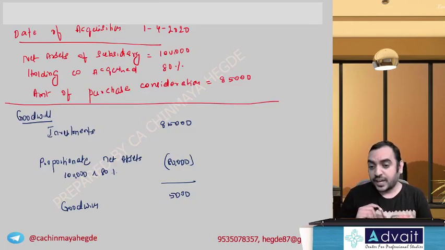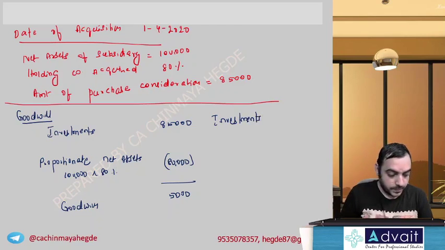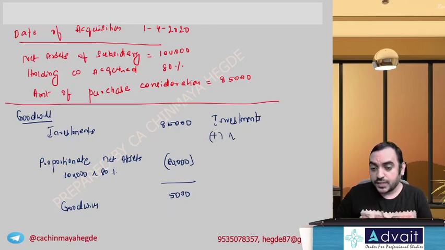So one more way of calculating, which is recommended in exams, is this method. We take investments, and we add NCI. Then we subtract not proportionate net assets, but full net assets.